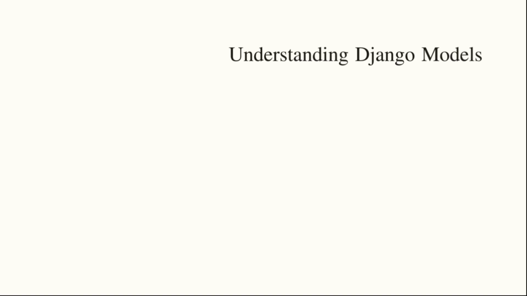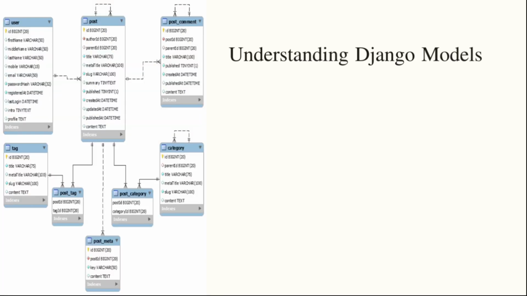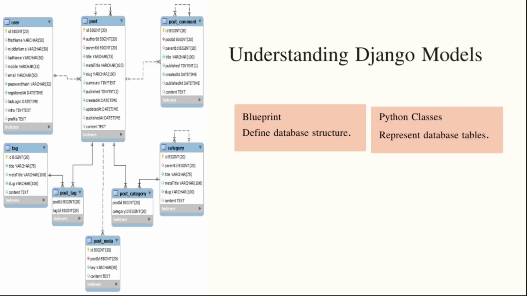So, what exactly is a Django model? A Django model is a Python class that acts as a blueprint for your database structure. Each model defines a table in the database, and the fields in the model correspond to the columns in that table.